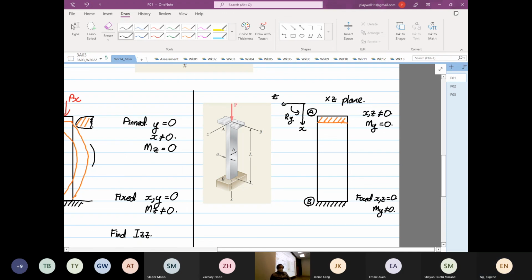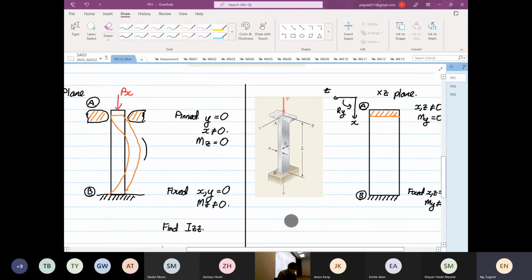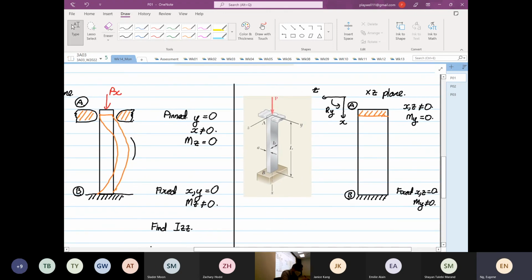So how this structure will deform due to buckling is not the same as in the previous plane. So how would this structure deform? We still see the load over here. This is our Tx. So now our structure will buckle this way.